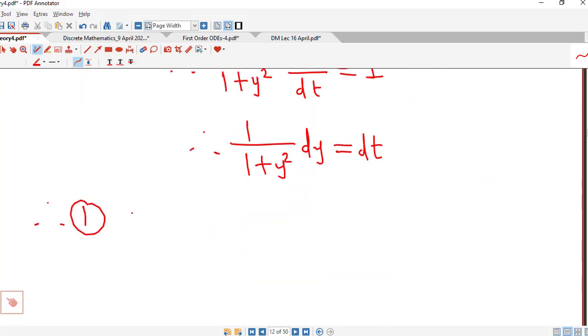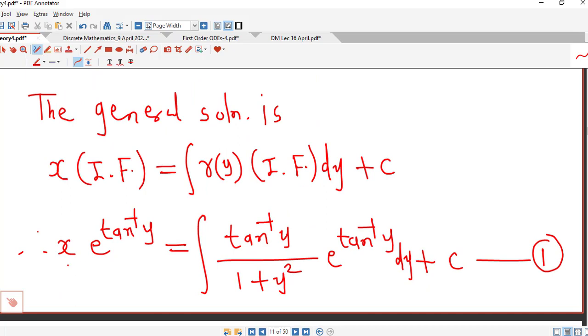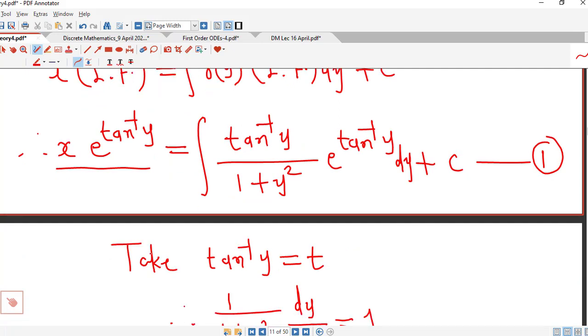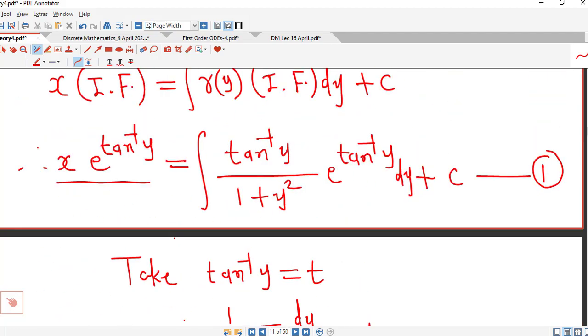So we can give this number 1. Keep in mind that we keep tan inverse y as it is on the left hand side; it is not required to take tan inverse y equal to t there. So we consider the left hand side as it is: x times e raised to tan inverse y equal to, on the right hand side, we put tan inverse y equal to t.